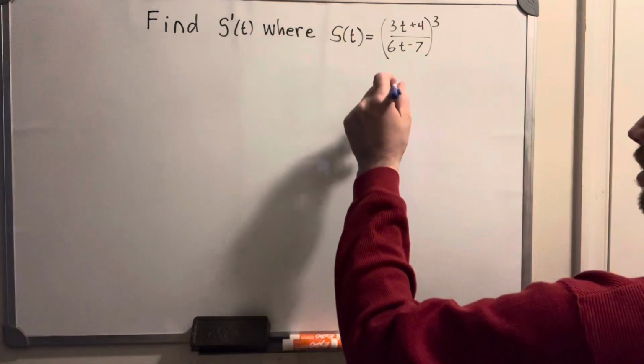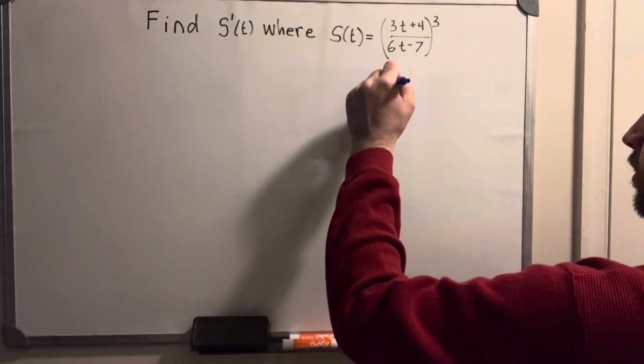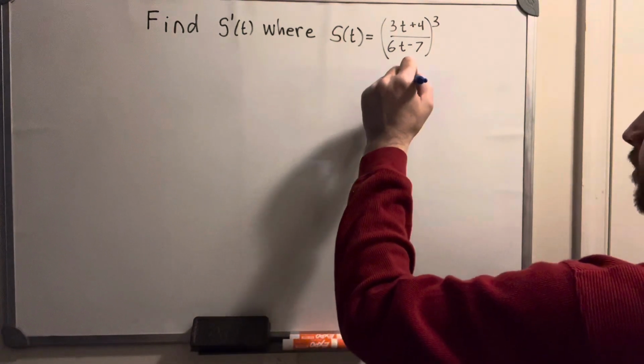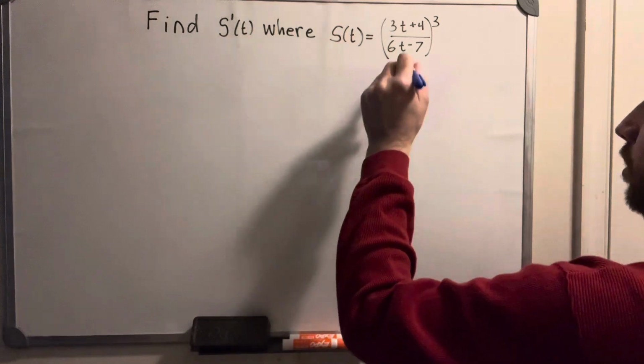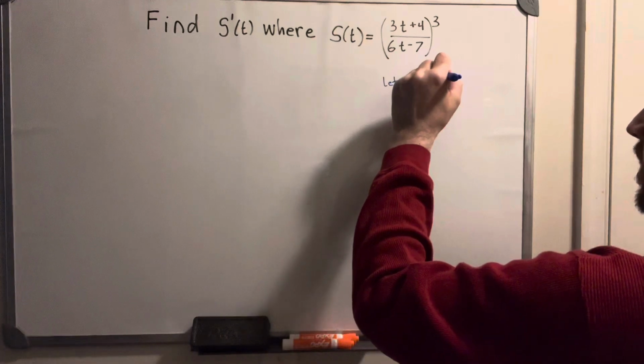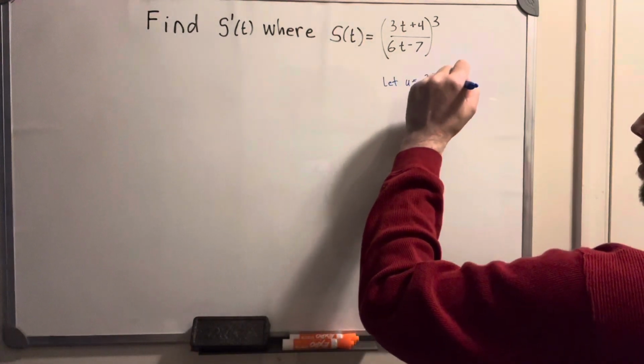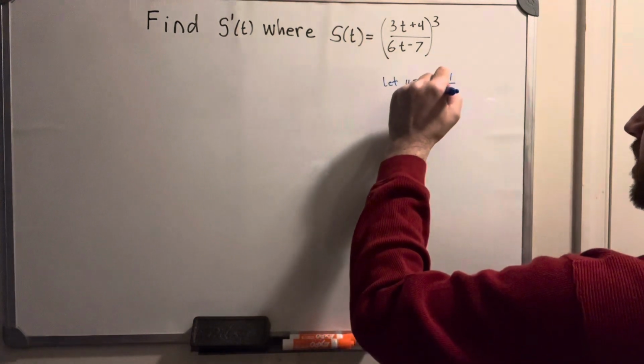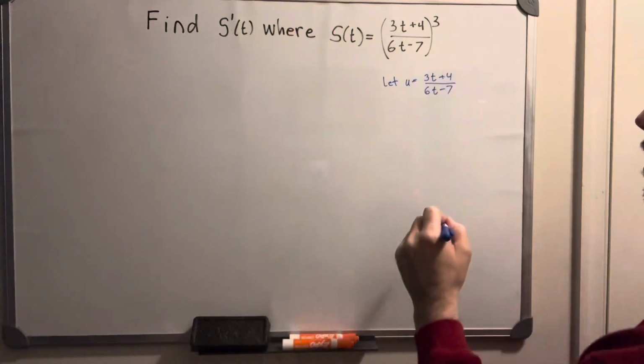I would say let some new variable u equal everything in the parentheses, 3t plus 4 over 6t minus 7.